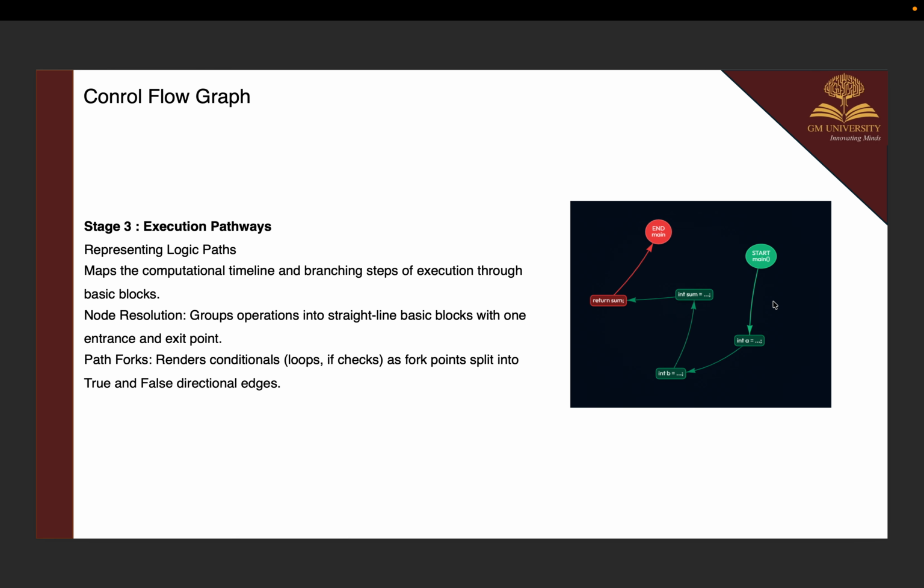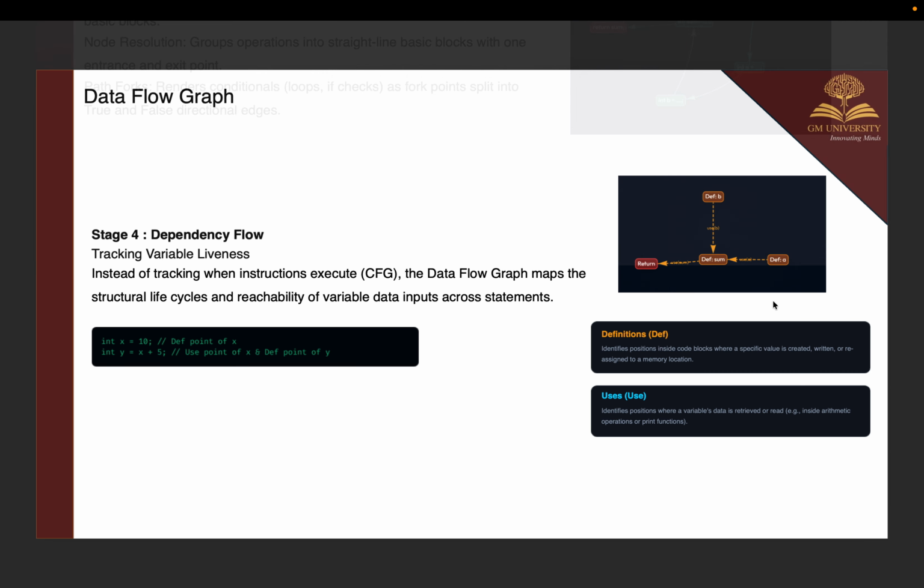The path focus renders conditionals, loops and if checks as forking points splitting into true or false directional edges. In the image, start main goes directly to initializing int a and next int b. After the addition operation it goes to int sum, and it returns the sum and the main program ends there.